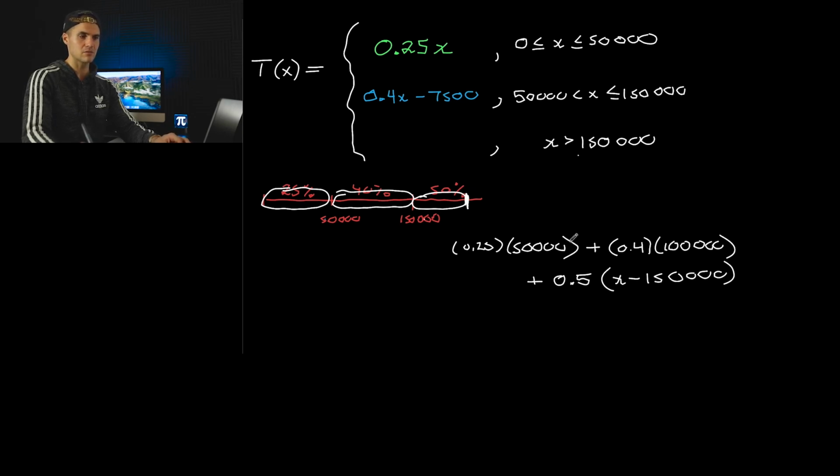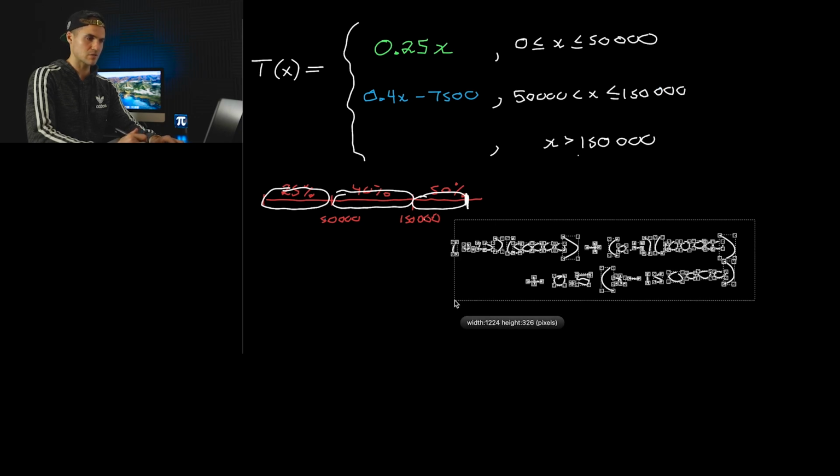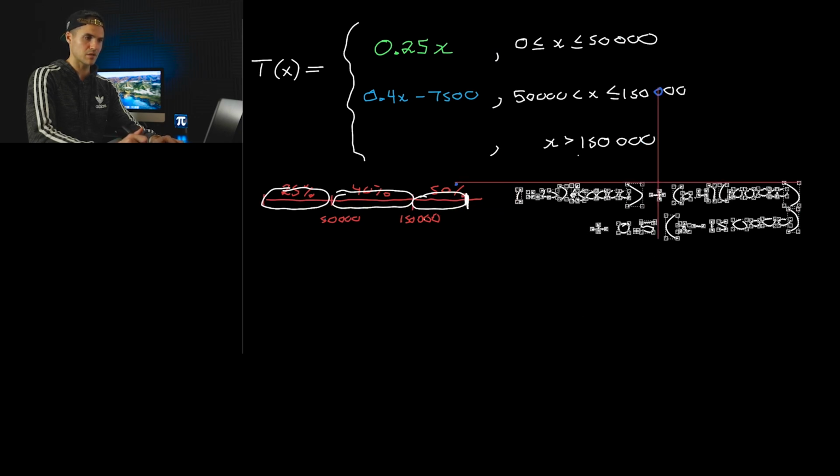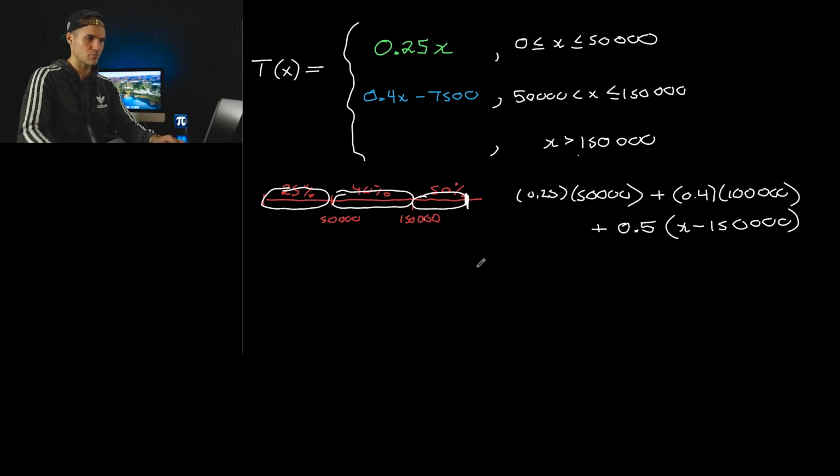And so basically what you got to do is simplify this, right? So I'm going to take this, let me move it up here. So we're going to get, with these first two brackets, 12,500 that we got before, plus 40% of 100,000, 40,000. And then you're going to have to distribute that 0.5 in the bracket. So you'd have 0.5x minus 75,000, like that.